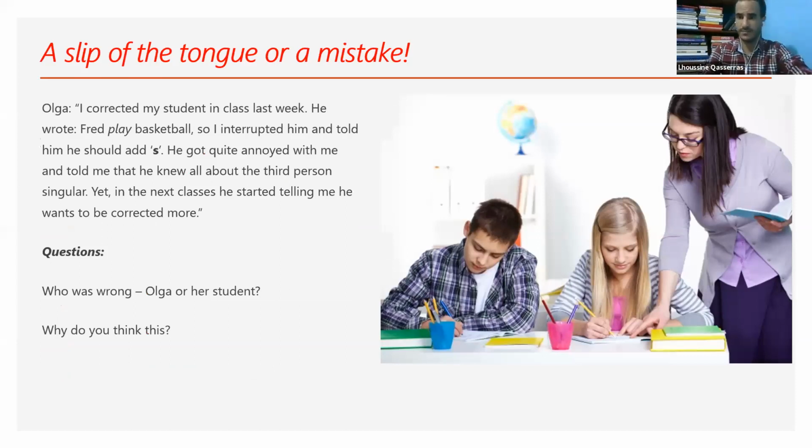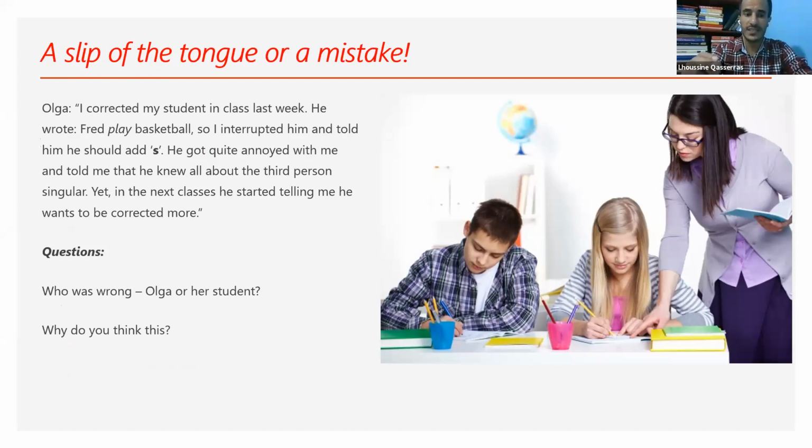Olga is a teacher. Olga said, I corrected my students in class last week. He wrote, the students, Fred play baseball. So, I interrupted him and told him he should add S. Fred plays.